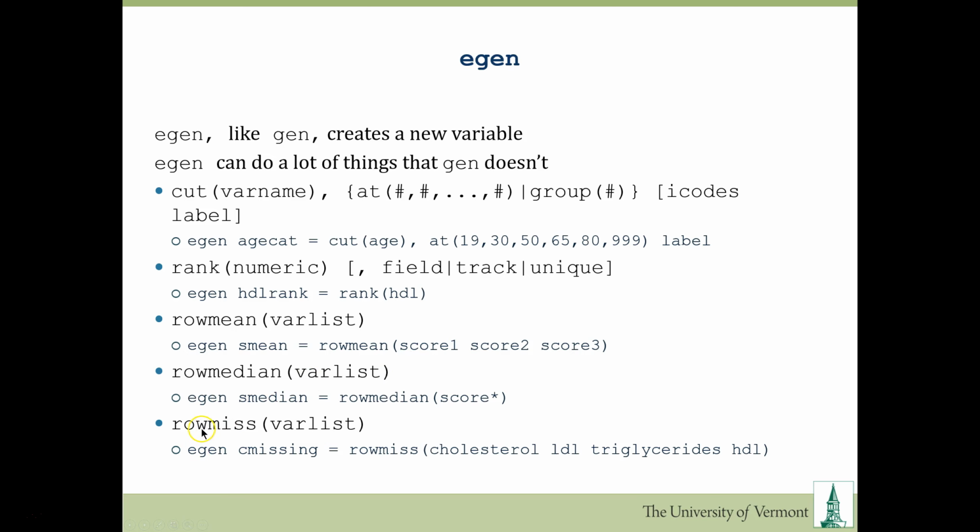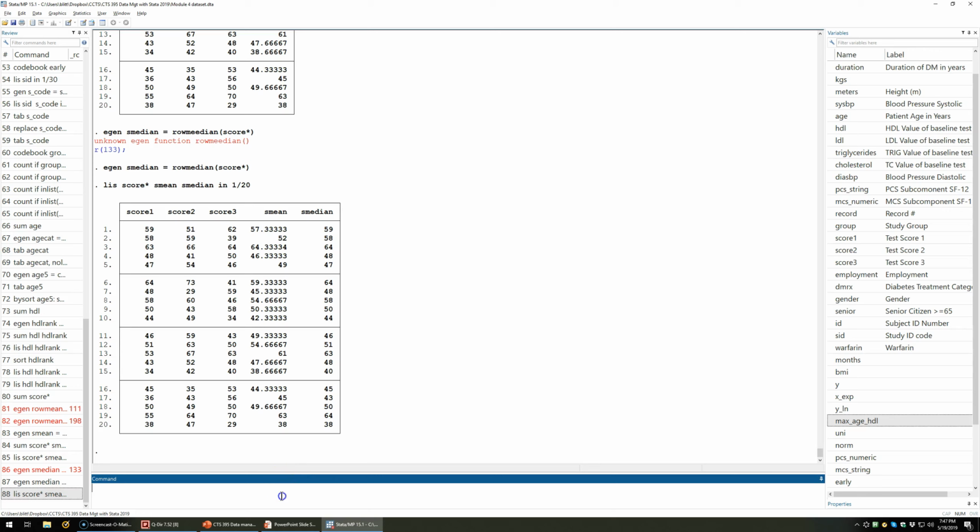Here's another useful row function under egen. You can give it a variable list and have it count how many in that list were missing for that subject. So we've got data in this data set on the various components of cholesterol. Let's summarize those.